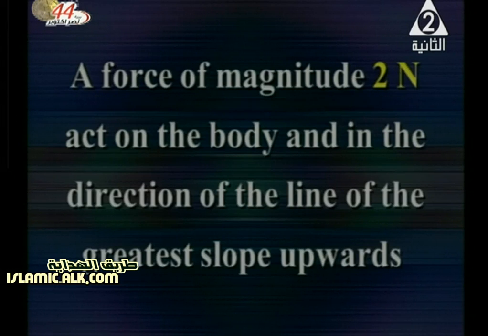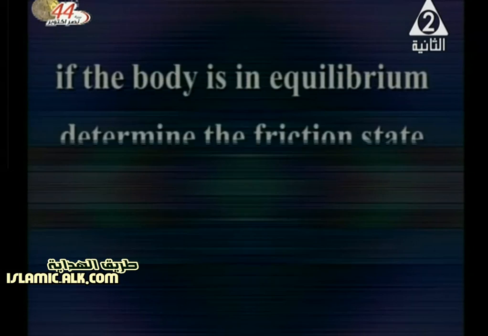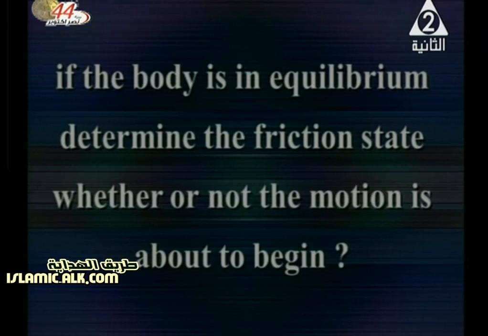A force of magnitude 2 newtons acts on the body in the direction of the line of greatest slope upwards. If the body is in equilibrium, determine the friction, and state whether or not the motion is about to begin.